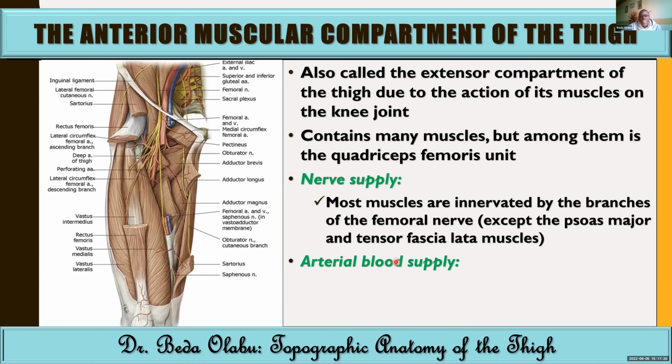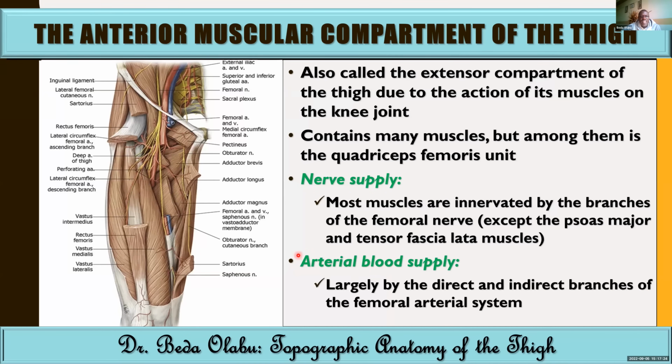How about the arterial supply, the blood vessels which are in the anterior thigh? The blood vessels that supply the mass of the anterior thigh can either be direct or indirect branches of the femoral arterial system. We'll talk more about the femoral arterial system in this particular lecture, so let me not preempt much about it at this point.